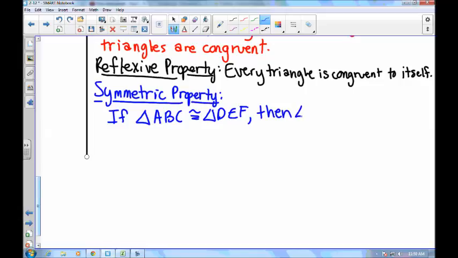We could say triangle DEF, start with the second one, is congruent to triangle ABC. Okay? So symmetric property says if we know it's congruent in one order, if we reverse the order of how we state it, it's still congruent. Does that make sense? And the last one is the transitive property.